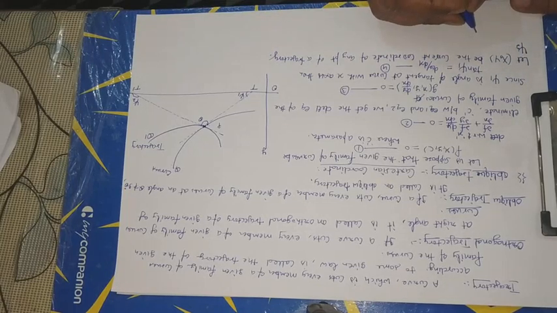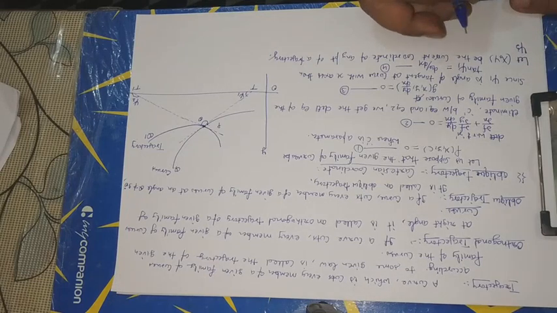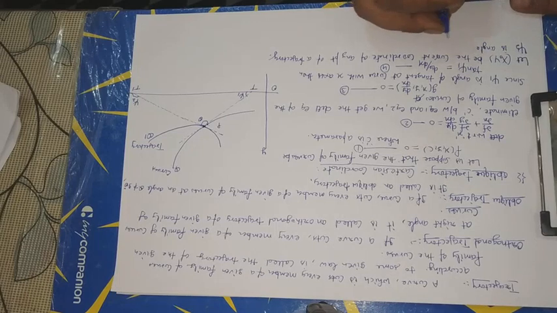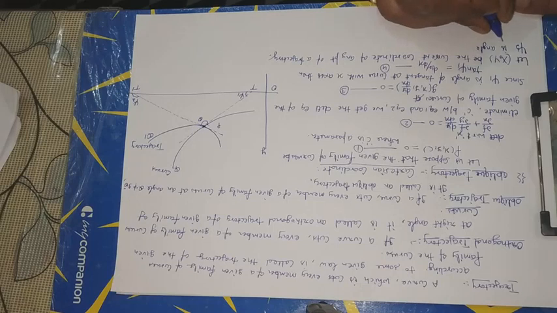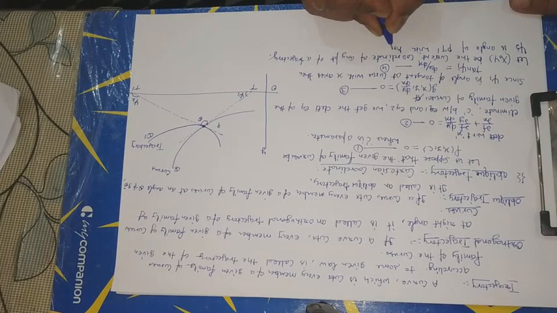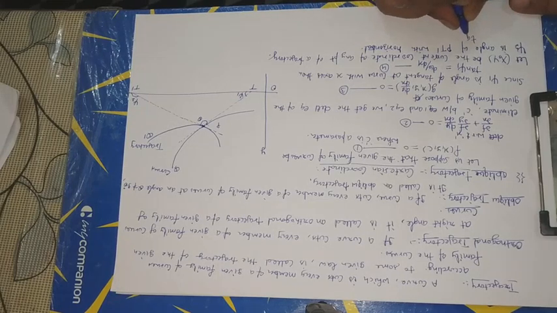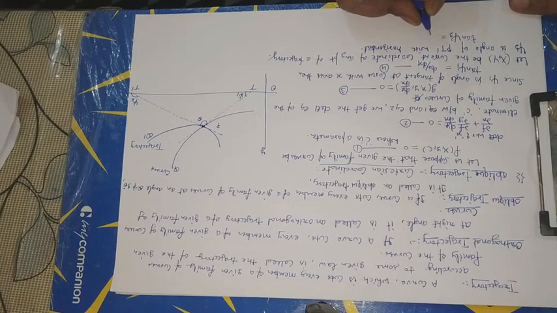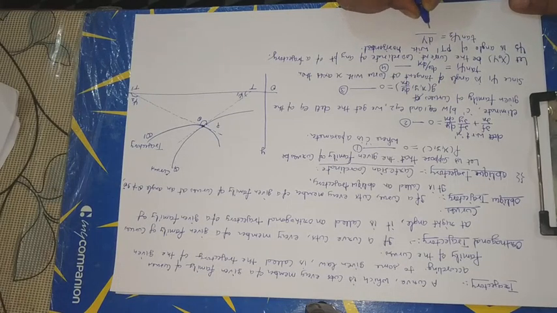Psi 2 is the angle of the tangent PT dash with the horizontal, that is, we can write tan psi 2 equals capital dy upon dx. This is represented by equation number 5.